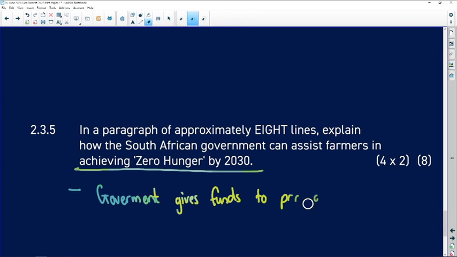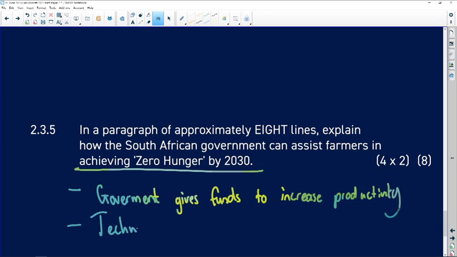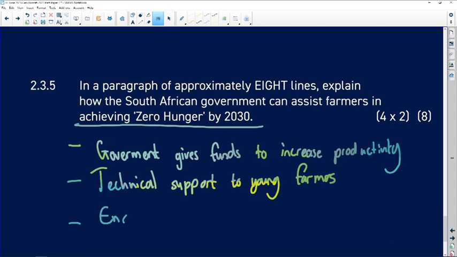Let me just add that there, to increase productivity. Definitely technical support as well to young and upcoming farmers. Okay, encourage subsistence farming.